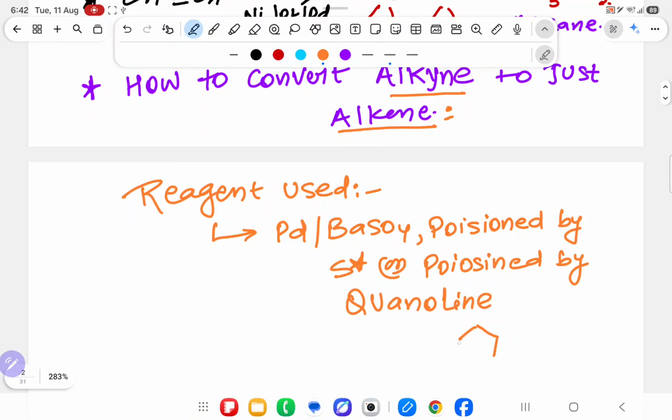Quinoline has a structure like this, nitrogen over here, in this ring.